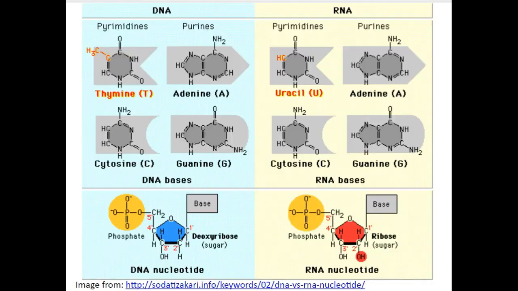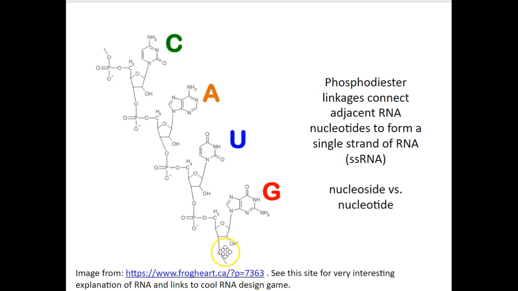That was actually shown on this slide back here. 1, 2, 3, 4, and 5. If the number 3 carbon is closest to the end, it's the 3' end. If the number 5 carbon is closest to the end, then this makes this the 5' end. And that's true for DNA as well.